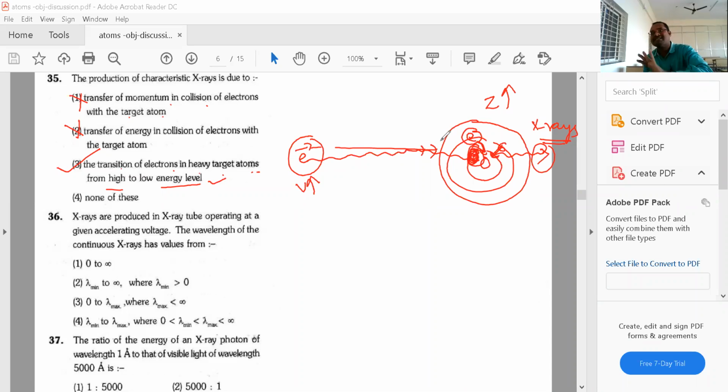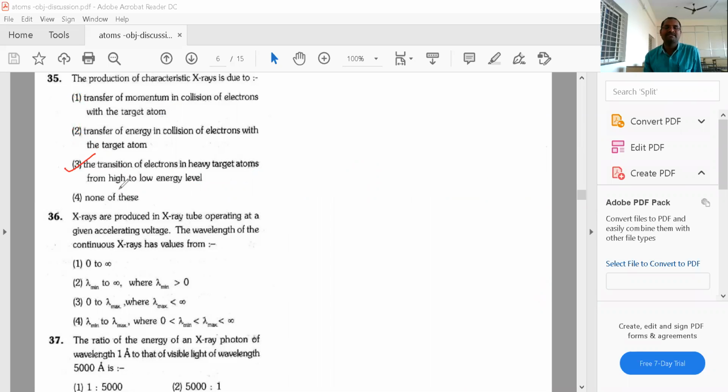Due to that, X-rays are not produced. Transfer of energy in collision of electron with target atom: this electron will give its energy to that electron. Due to that, X-rays are not produced. The electron goes into a higher energy level and from there it comes back. Are you understanding? Clear? So option 3 is the right answer.